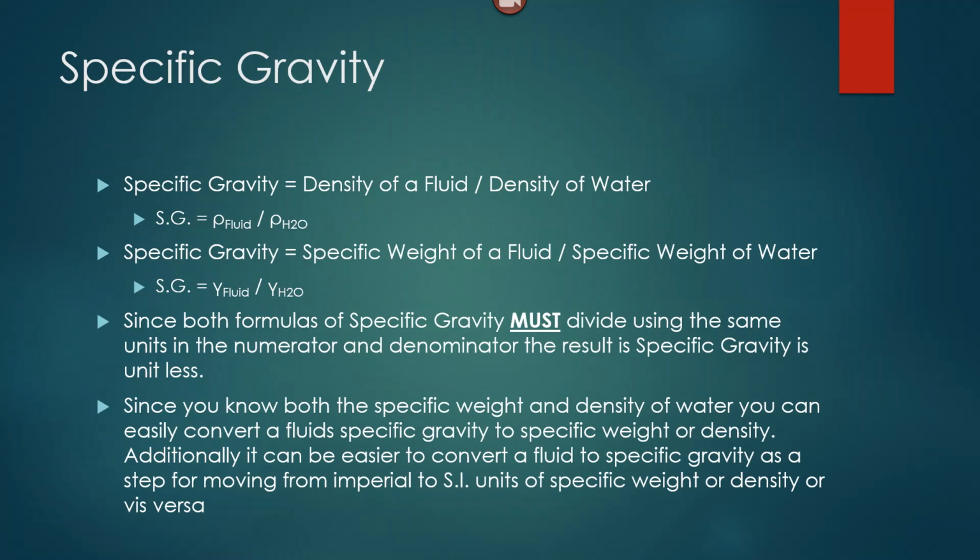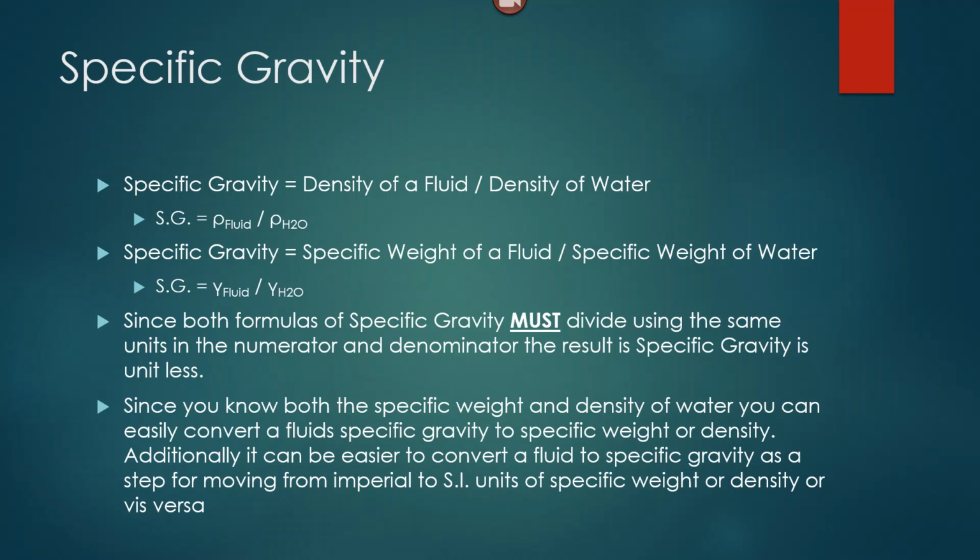But a lot of times, the better thing to do is just to go to specific gravity. And specific gravity is pretty awesome because it's unitless. So we don't have to worry about if it's SI units or if it's whatever.